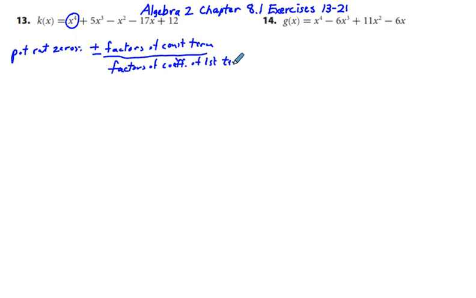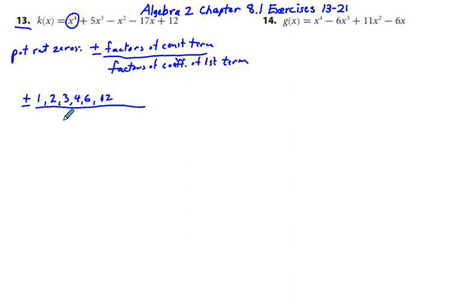So for this particular problem, 13, by the way, I'm going to go over these odd number problems here, work those out. And for this one, we have plus or minus factors of 12. And our factors of 12 are going to be 1, 2, 3, 4, 6, and 12.